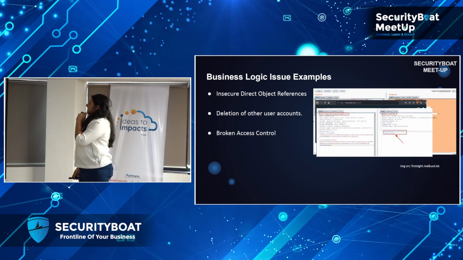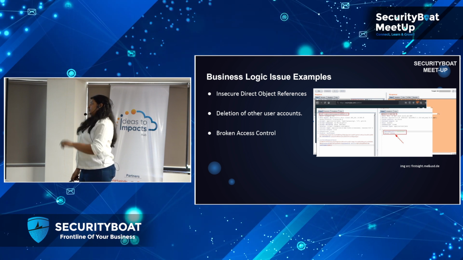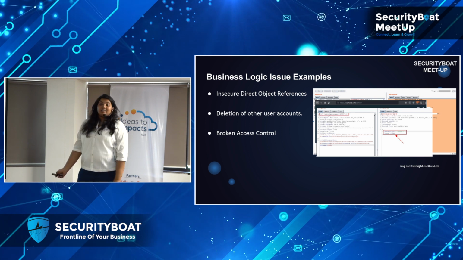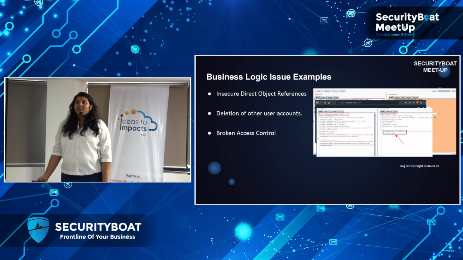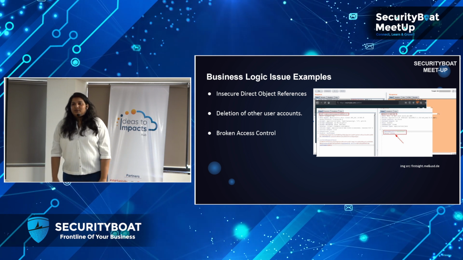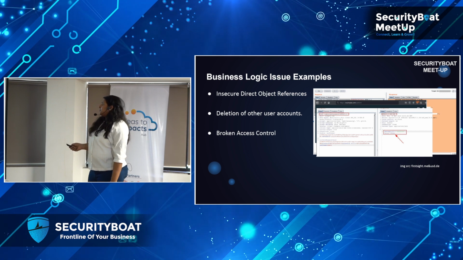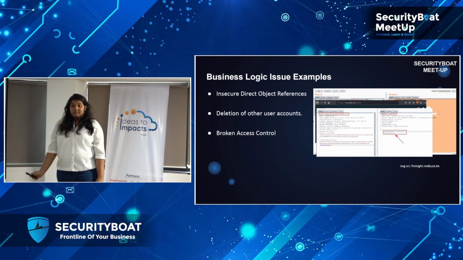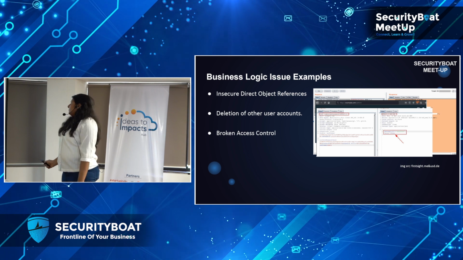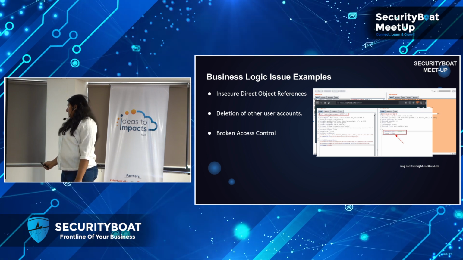Okay. Next one is about insecure direct object reference, which is nothing but IDOR. You might have heard about this vulnerability before as well. This is nothing but tampering with or changing the user ID. Again, I have just obfuscated some of the parameters.